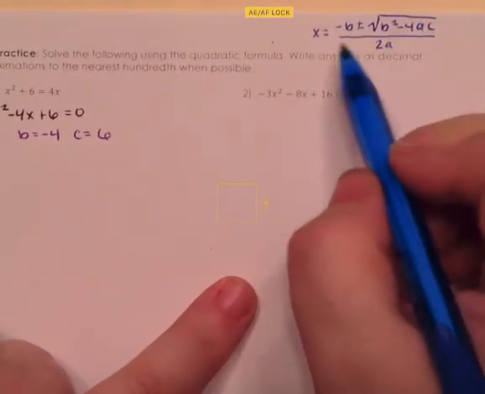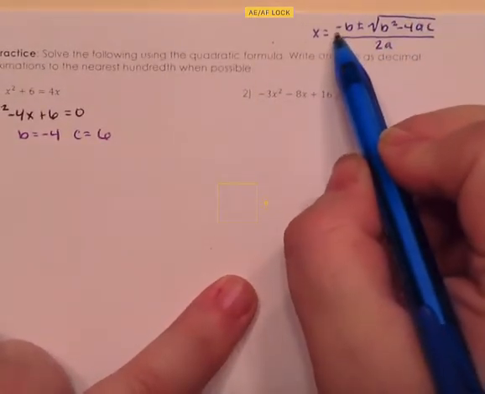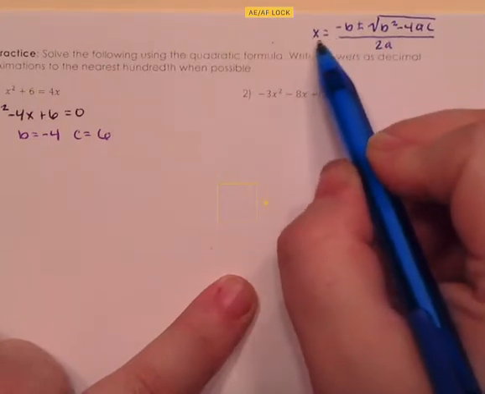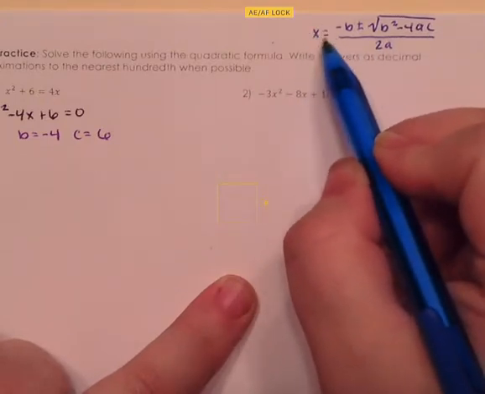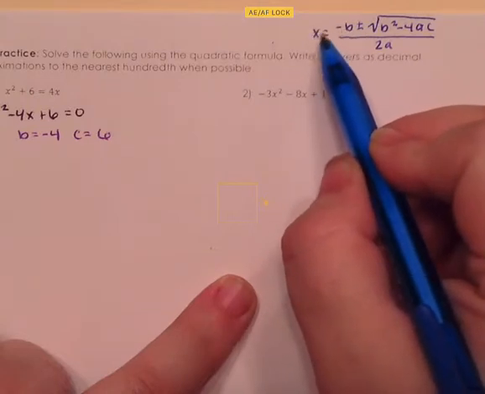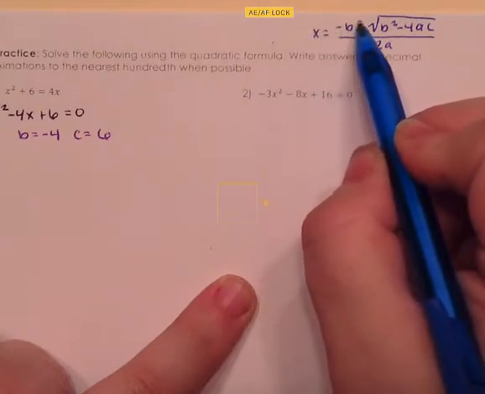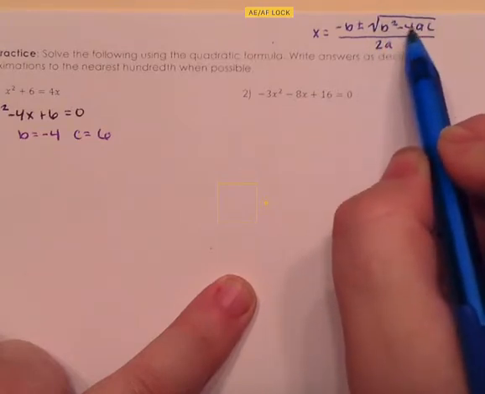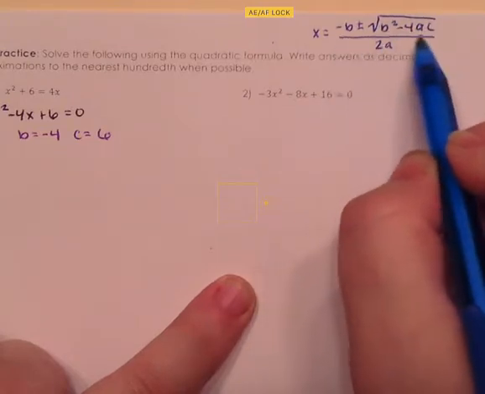Now notice that I extended my all over from the negative b all the way to the end of the c. My x is completely alone because we're solving for x. Now again, it's x equals negative b plus or minus the square root of b squared minus 4ac all over 2a.